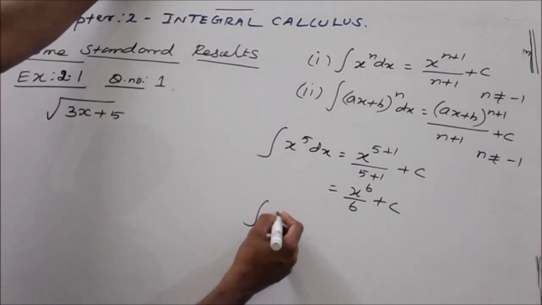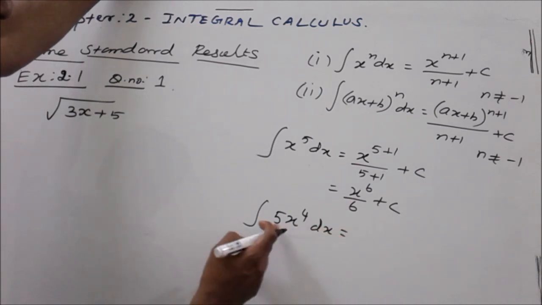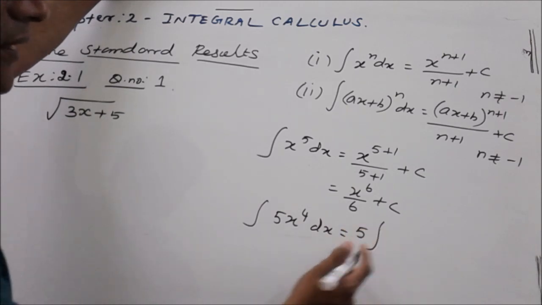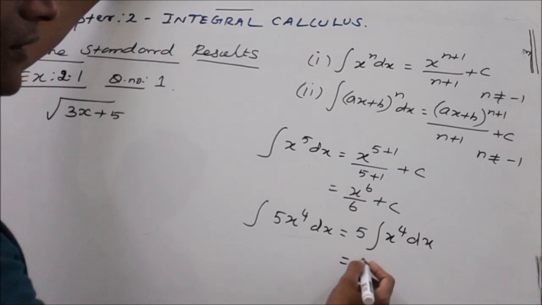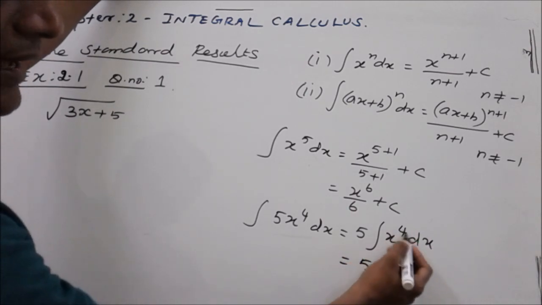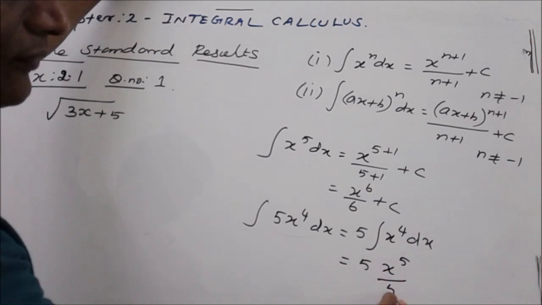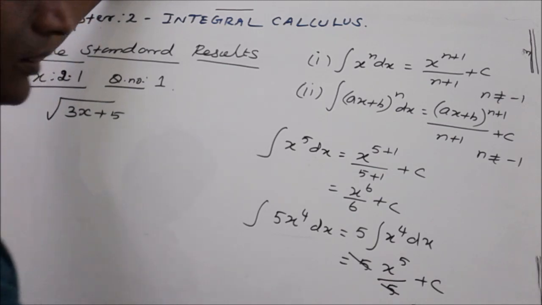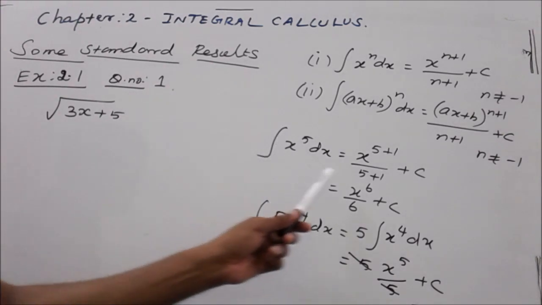Now I am taking 5x power 4 dx. Applying the property, 5 is a constant, so we can take it out: 5 into integral x power 4 dx. Here n is 4, so x power 5 divided by 5 plus c. We can eliminate these two fives, and that is equal to x power 5 plus c, the required answer.